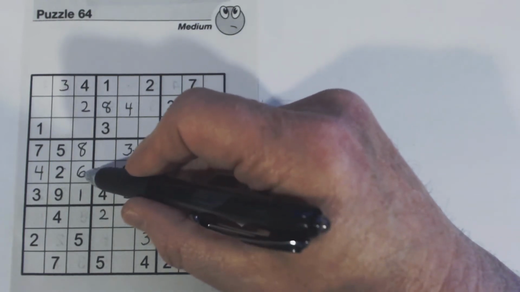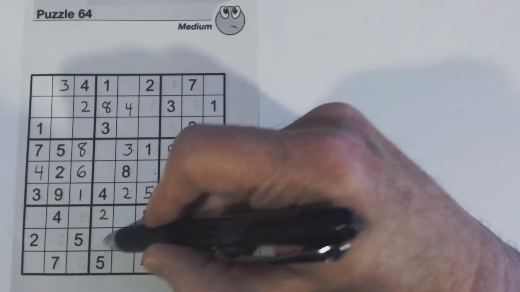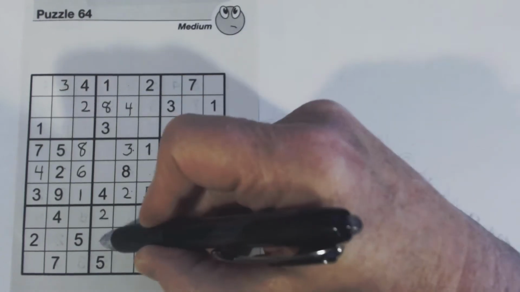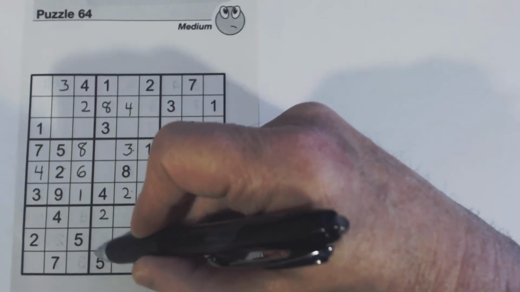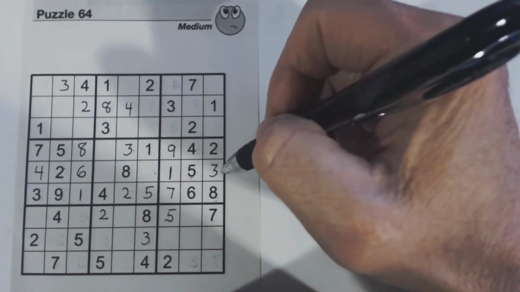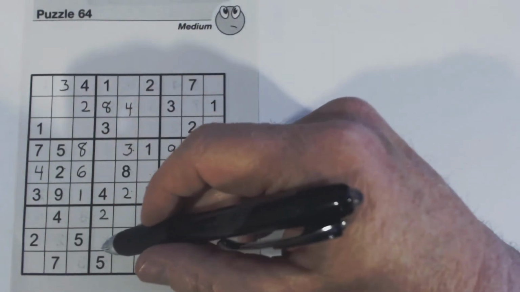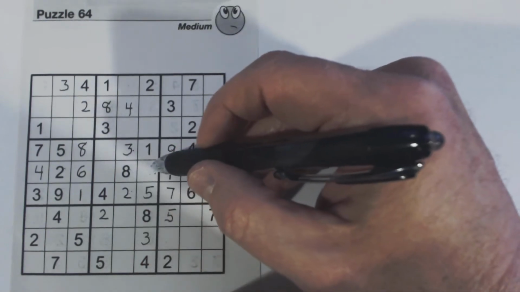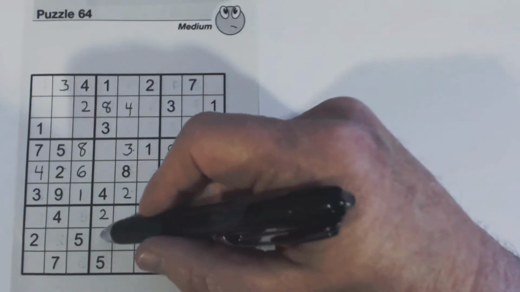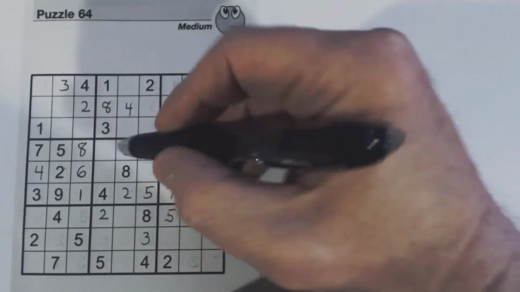But because we have a 6 here, we know these are identical twins. We know that this has to be a 7 or a 9, and therefore this has to be a 7 or 9. Another thing we can tell: sometimes you can narrow it down to one number on these identical twins, and then you can fill that number in.